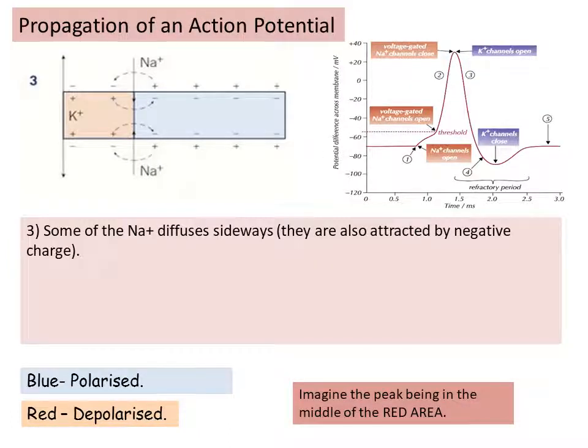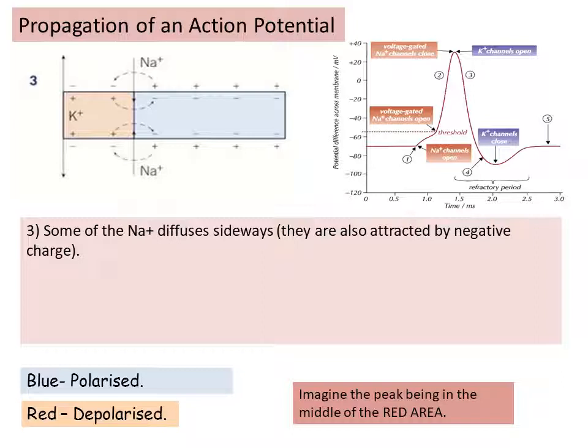Some of the sodium ions are going to diffuse sideways, and we've also got some negative charge, meaning some negatively charged ions inside the axon, which we haven't talked about very much, but they are there. If you look at this diagram, you can see this kind of circulating charge around the membrane, positive and negative.